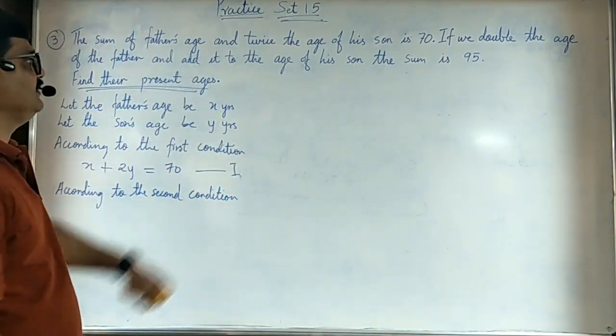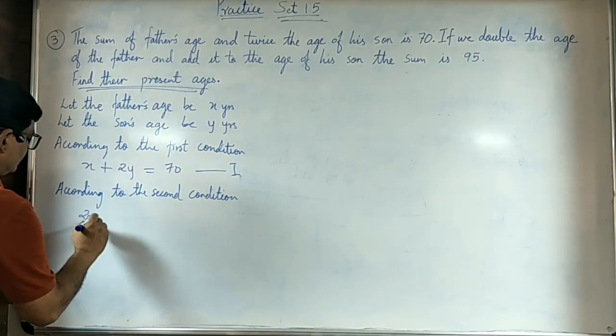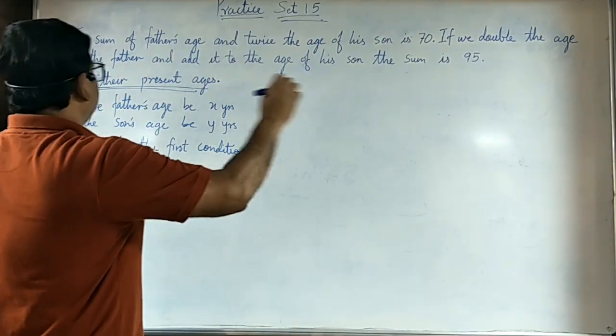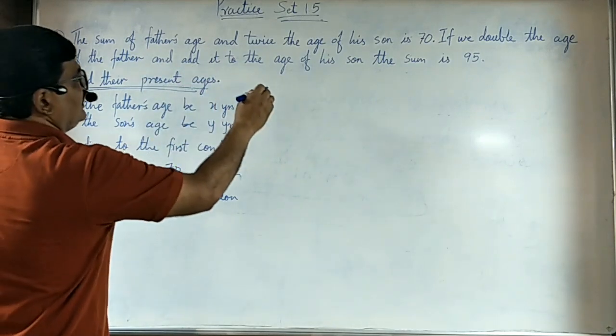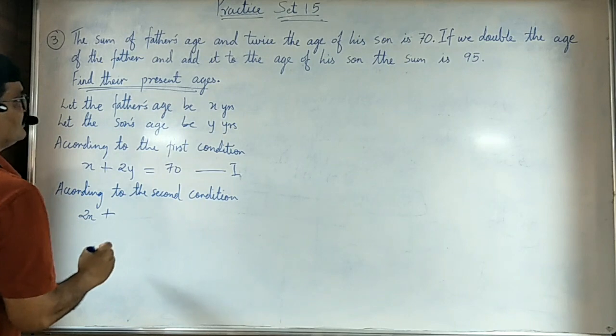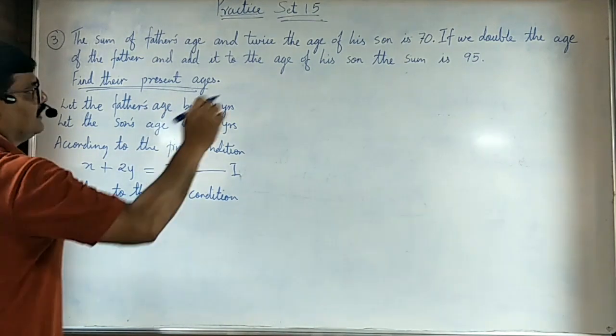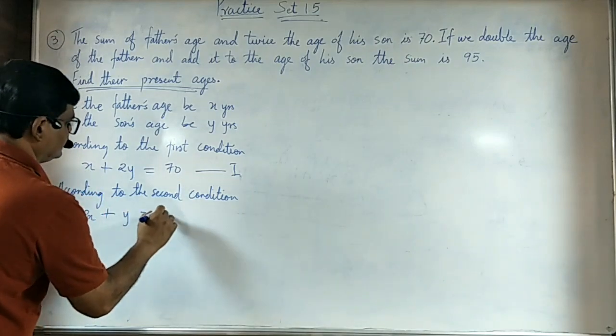The father's age we kept as x. If we double it, it will become 2x. Add means you have to put a plus, and the age of the son, which we kept as y. And the sum is 95.